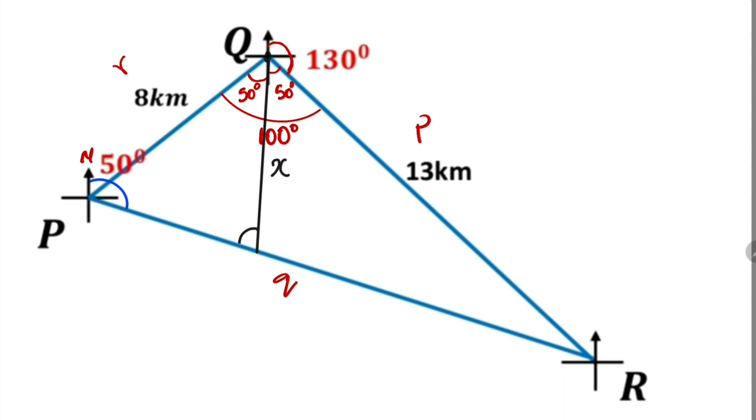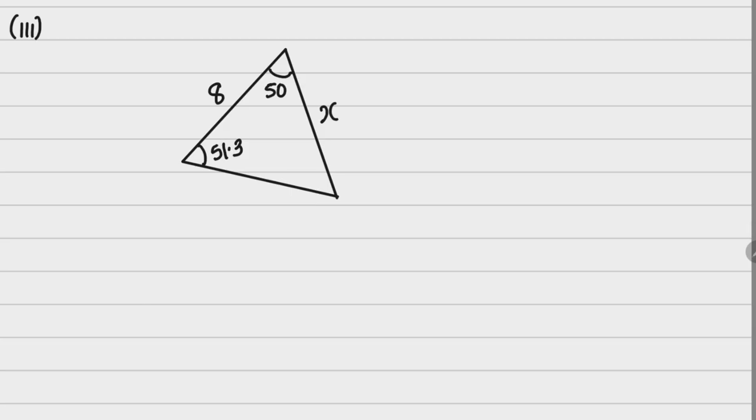That is the distance. So let me take it down and sketch it so that we can solve it well. Now this is the sketch, you see, but to find x, we must find this particular angle. All right, then when you use sum of angles in a triangle, you'll find out that this particular angle will be equals to 78.7.